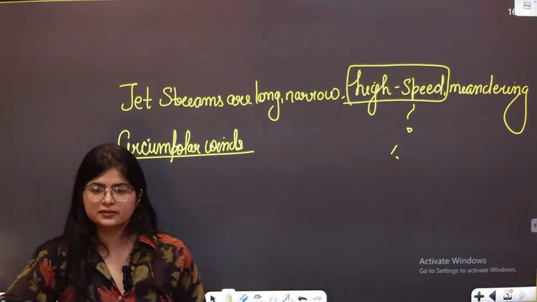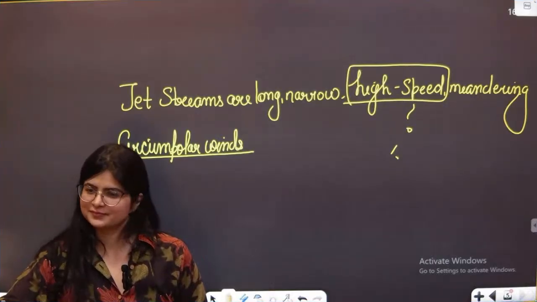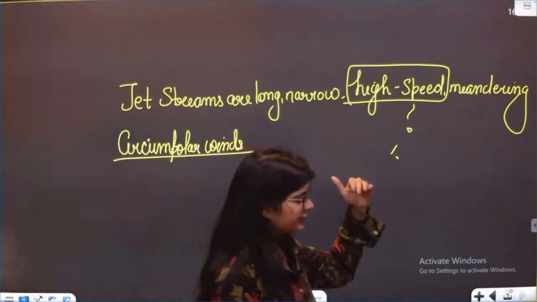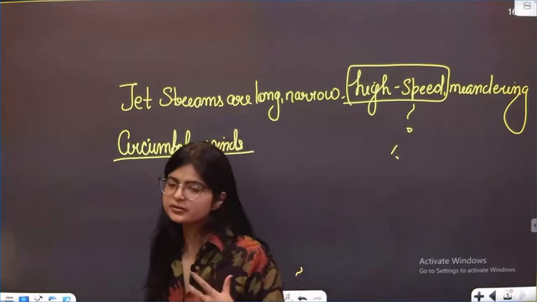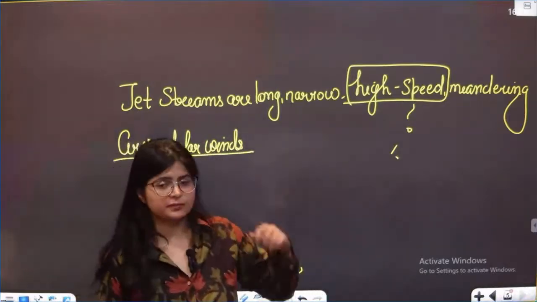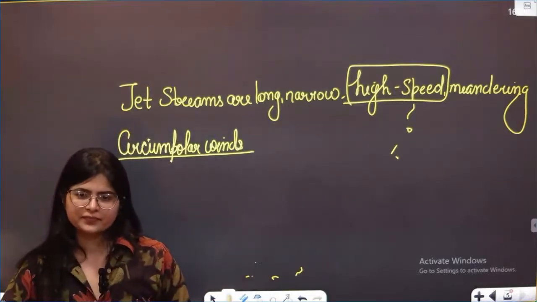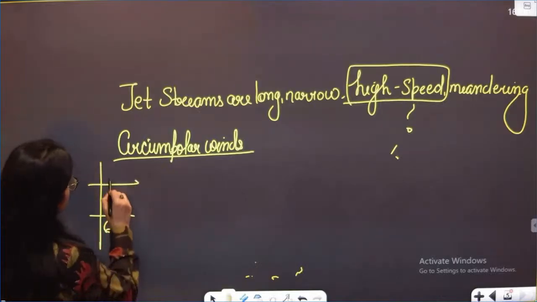I'll give you one hint: it is at a very, very high altitude. I mean 6 to 12 kilometers is where jet streams are flowing. So what is not there?